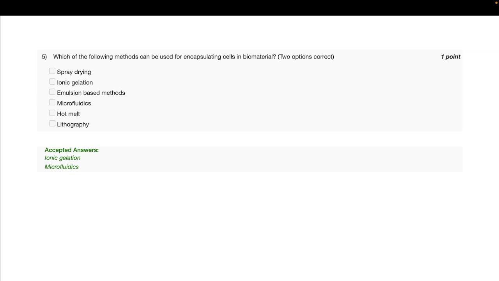This can damage the cells, which is what you don't want. Also, in emulsion based methods, which is oil in water emulsion, or water in oil and again in water, this requires some kind of solvents. These solvents might be harmful for the cells. They can start denaturing your cells. So these methods are not used for encapsulating cells in biomaterial. The only two methods are ionic gelation and microfluidics.